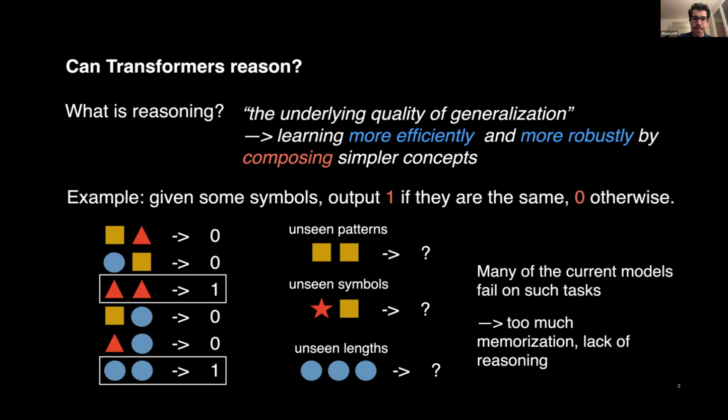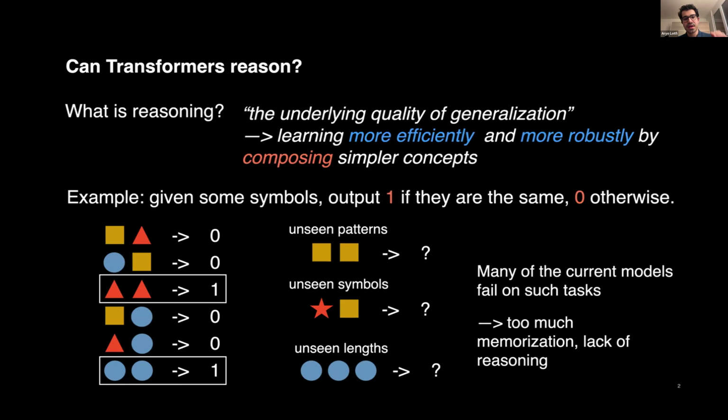Some other important factors that we usually check for reasoning are out of distribution generalization and also length generalization. For example, we have a task where, given two symbols, we want to tell whether they are different or the same. We have some symbols on the left, which is the training set.